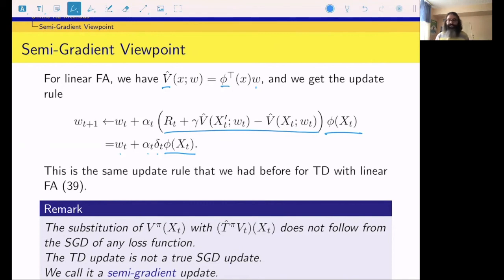Except that we started from a loss function and took stochastic gradient descent of it, but we don't know V pi, so we replace V pi with reward plus gamma V hat. So essentially, the empirical Bellman operator version of it instead of V pi. And then the result would be the same as what we got before in TD learning.